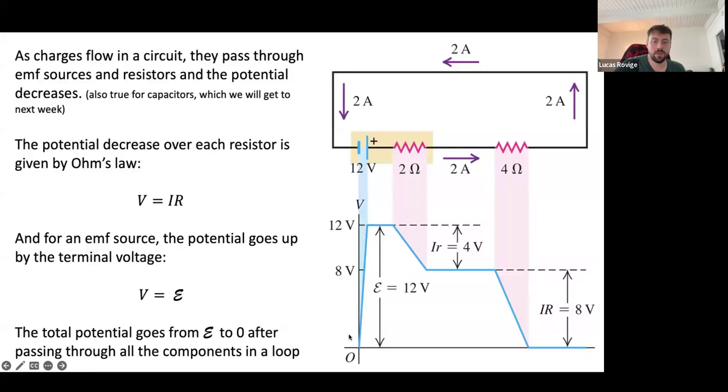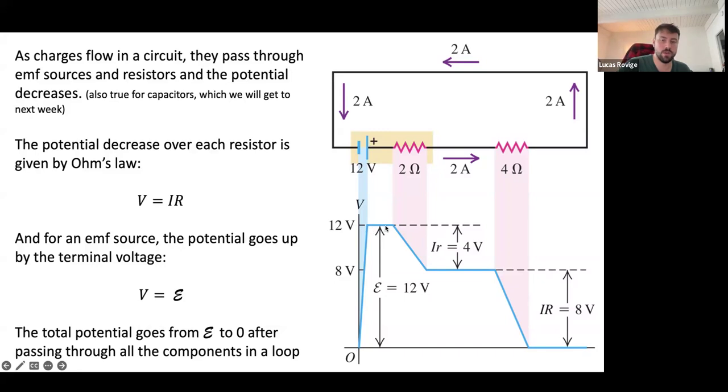Let's start from the negative part, the low potential part of the EMF source. We start from 0, and then the EMF brings the potential to a high value of 12 volts here. And then we travel across the wire.